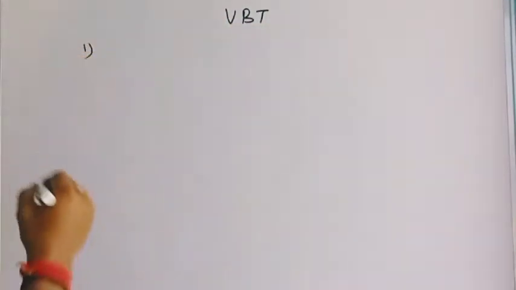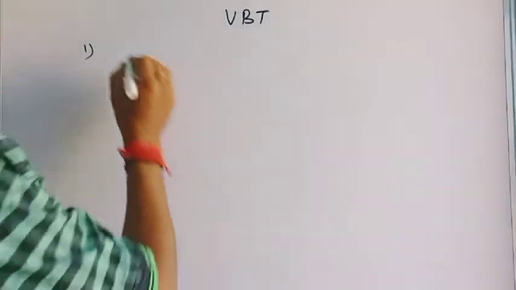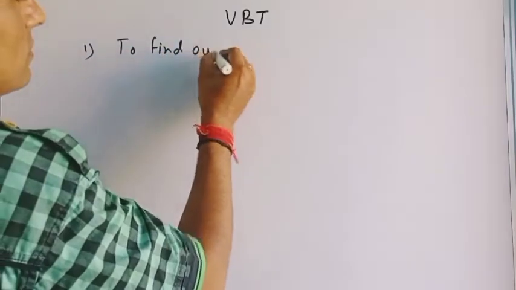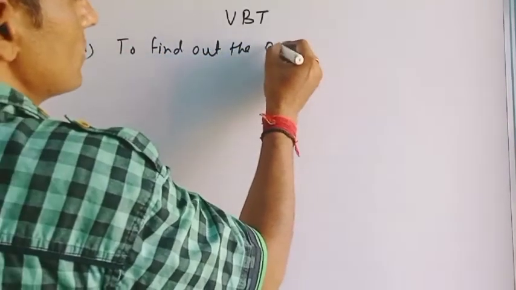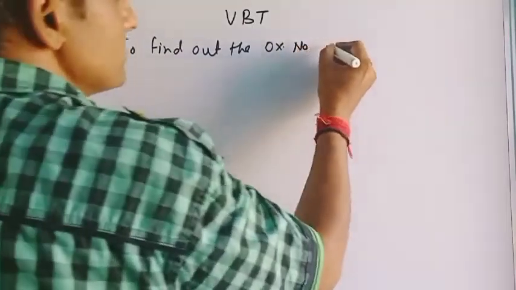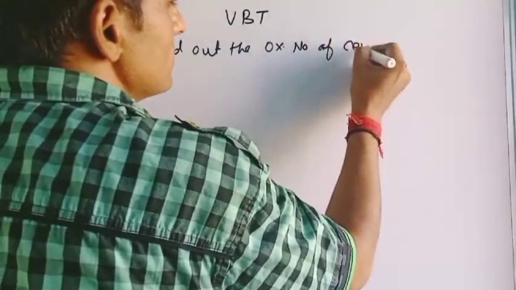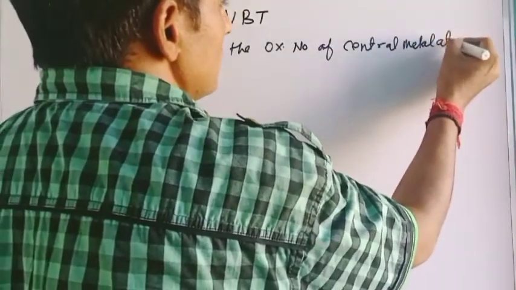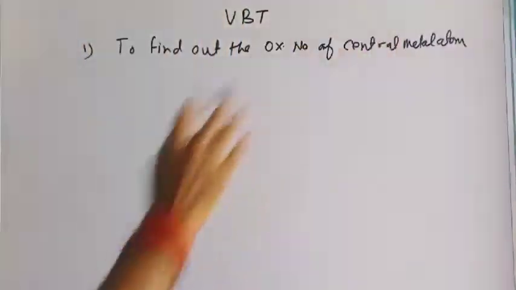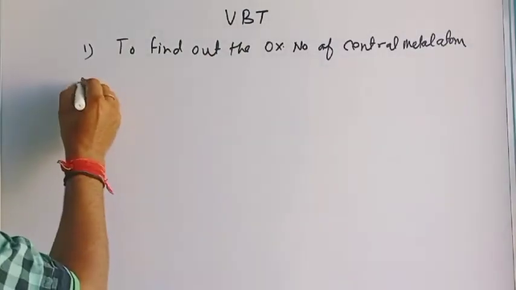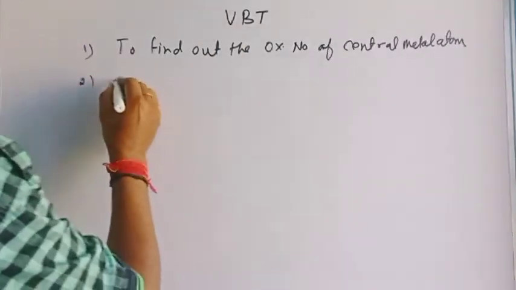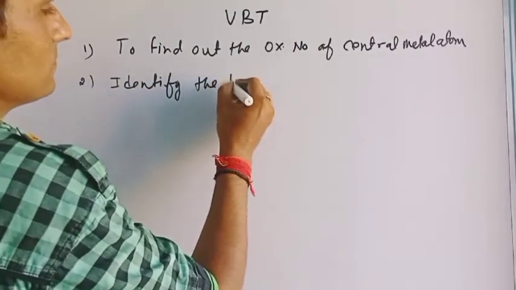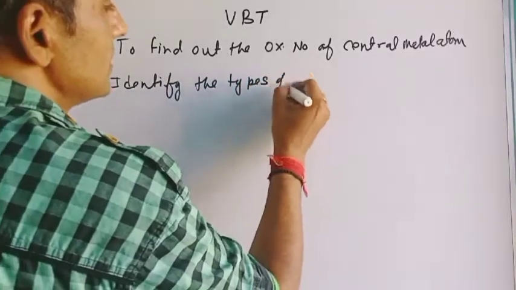Number 1, first of all we find out the oxidation number of the central metal atom. Number 2, identify the types of ligand.